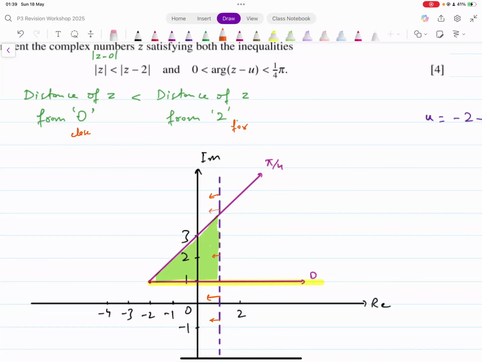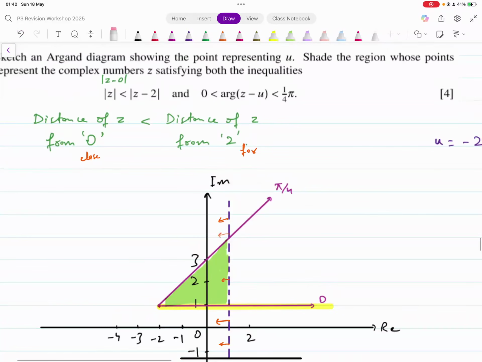Okay, so that's the other line. And you have to be between these two lines. So between the two lines and to the left of that vertical line, what's that region? That's this green shaded region that you have. That satisfies all of those conditions. That is what you would shade there. It does not matter if the line is shaded or if the line is dashed or not. In A levels, they do not deduct any marks for this. Okay.